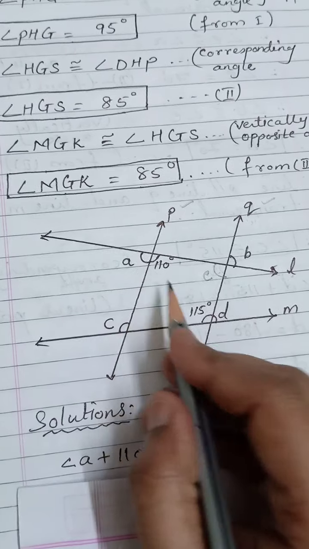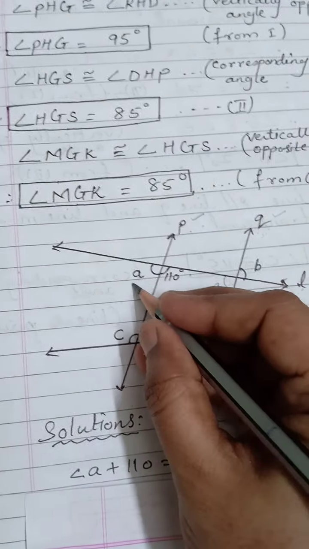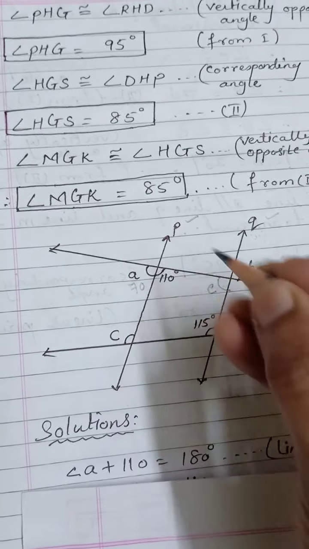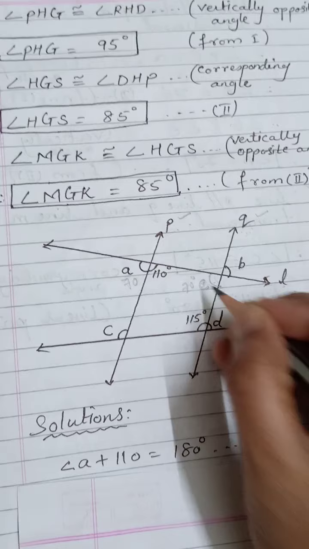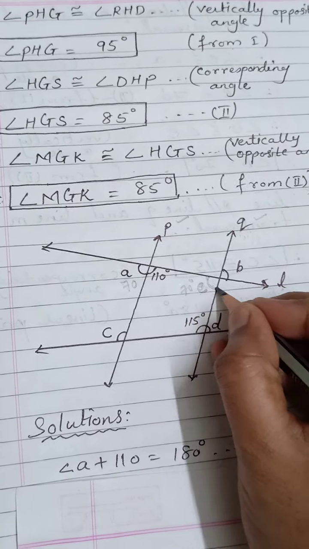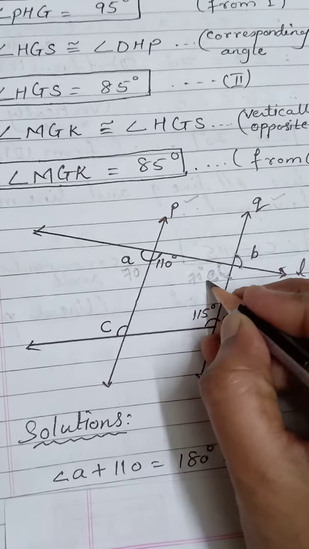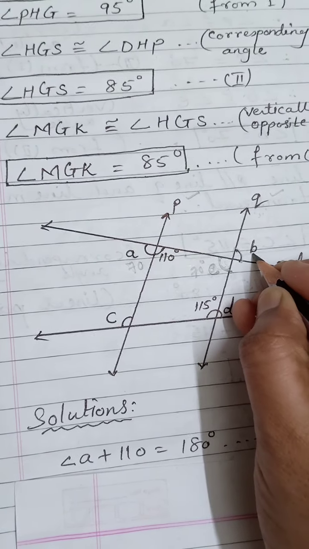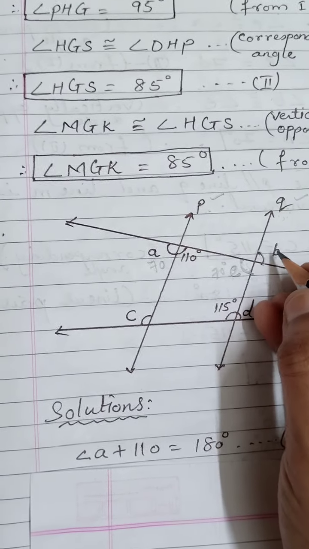Then this angle A and angle E both are forming corresponding angles. That means if angle A is 70 degrees, we can say that this angle E will also be 70 degrees. After getting E, we can see this B. E and B are vertically opposite angles. So if angle E is 70 degrees, automatically angle B will also be 70 degrees. So in this way we can find the value of angle B.